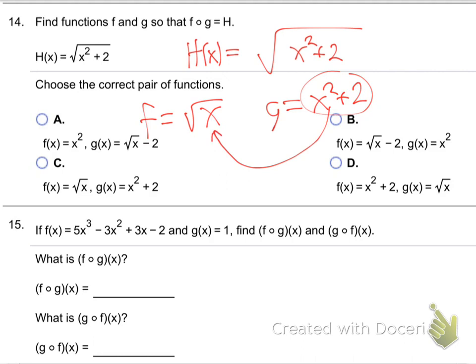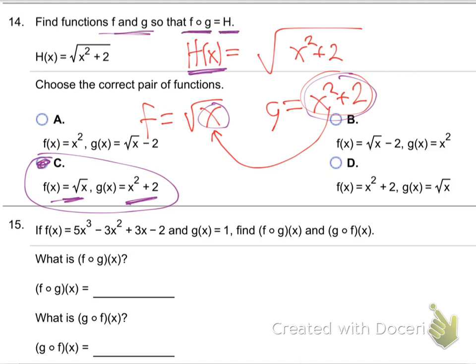They want you to see that h is really a composition of g into f, which is the answer to part C. The f is root, and the x squared plus 2 is inside. They're saying, find f and g so that f composed with g makes h.